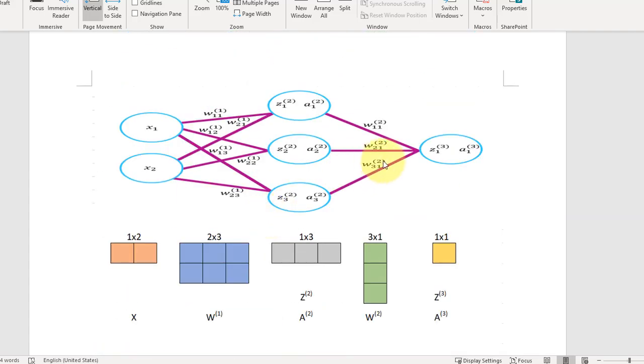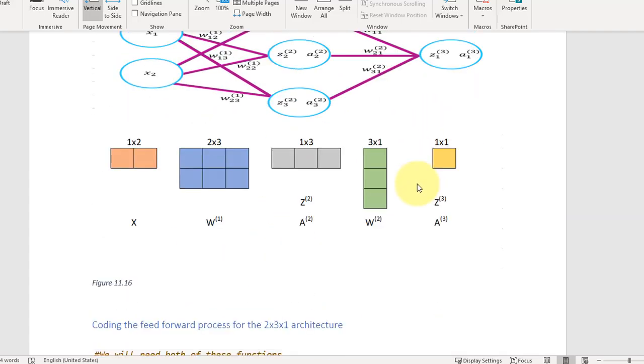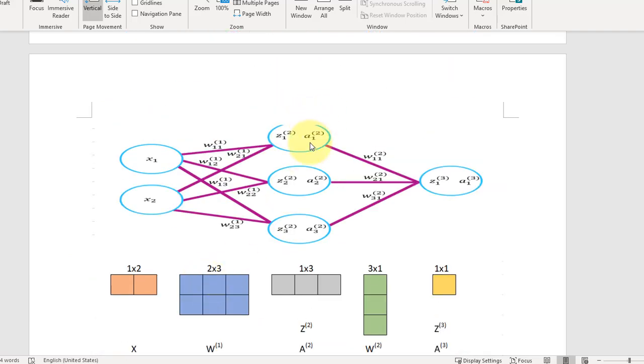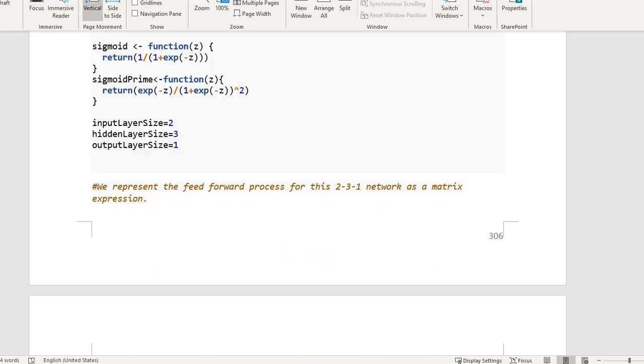But we can change that, and we can then create a different structure and test different structures. In particular, we can change the layer size and get more nodes in the hidden layer. Or if we want to have more inputs over here, we can also change that. So we'll create these variables and start them out as 2, 3, 1.